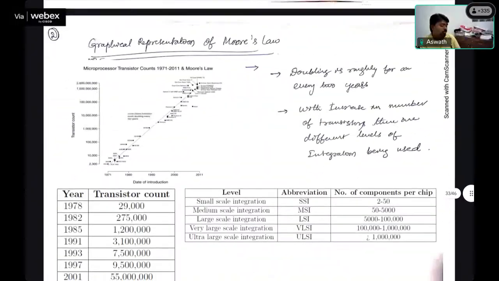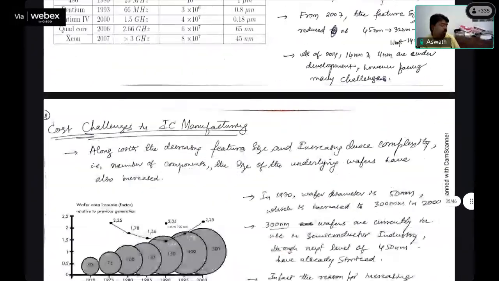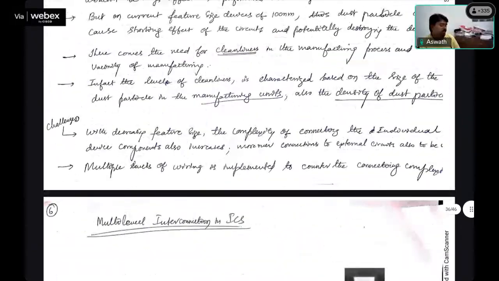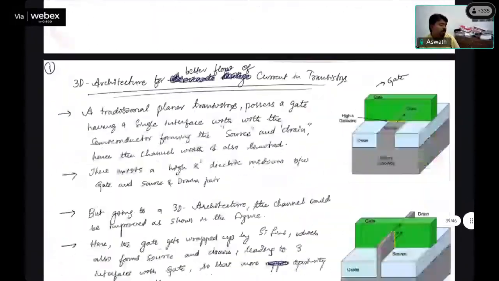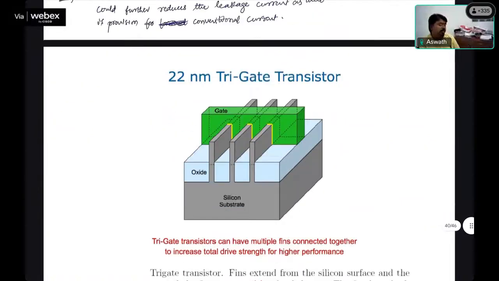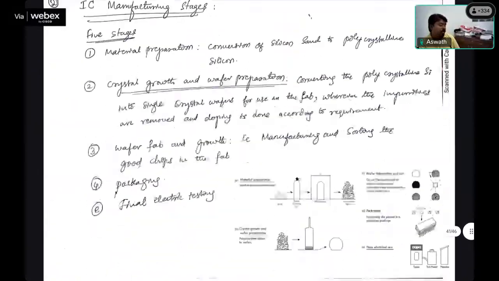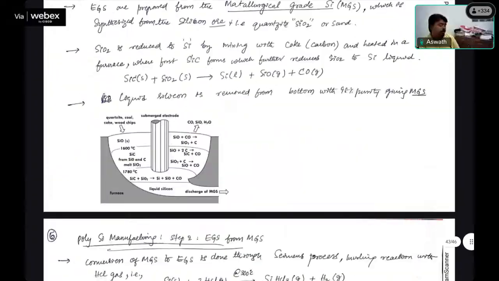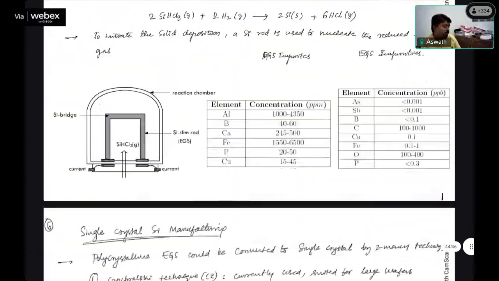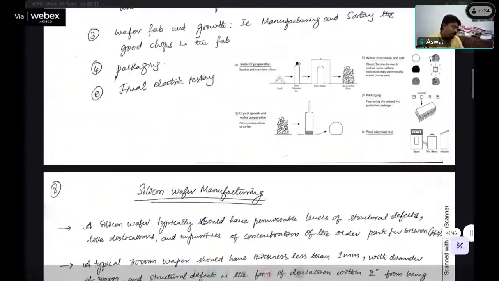Okay. So there is a survey of how chip manufacturing has grown from the very start till the existing VLSI and higher dimensional chips. That is all there in the hand notes.